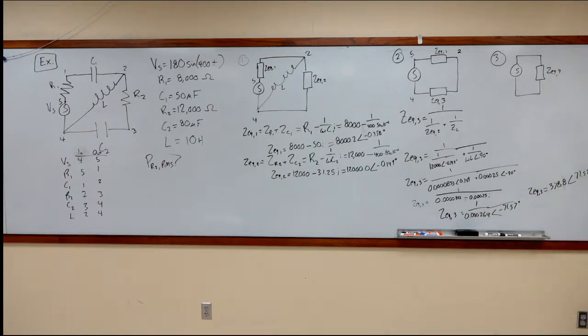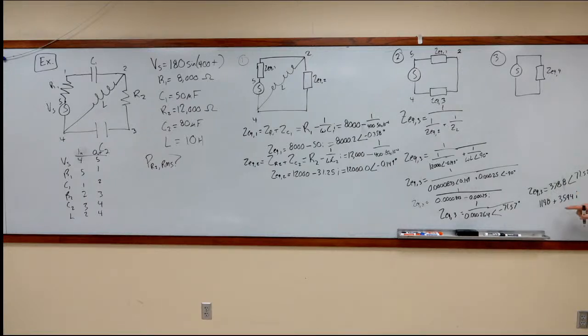So it becomes 1198 plus then the sine of 71.57 is 3594I.